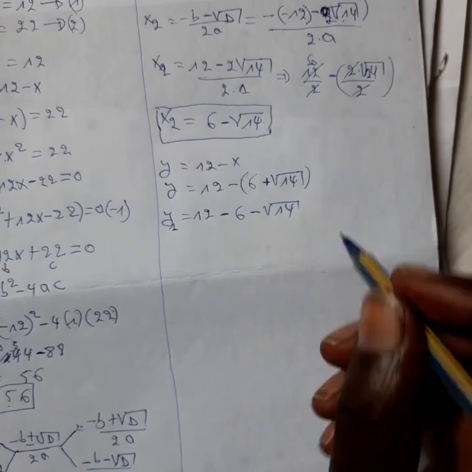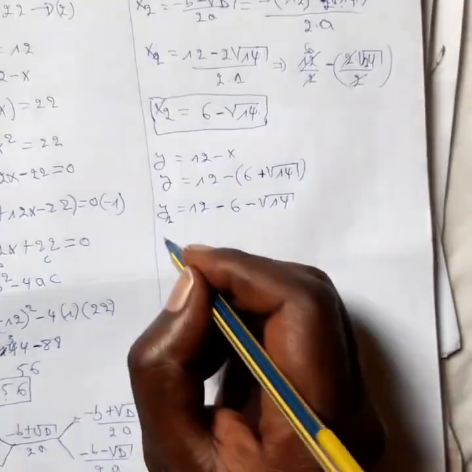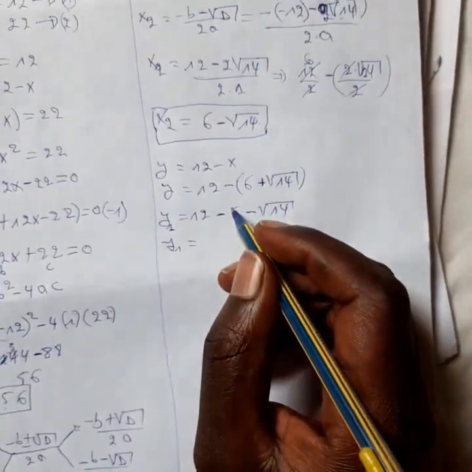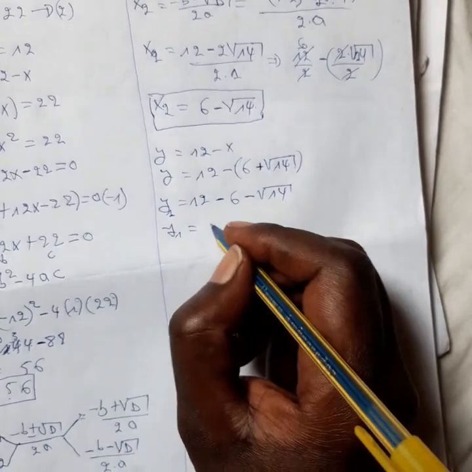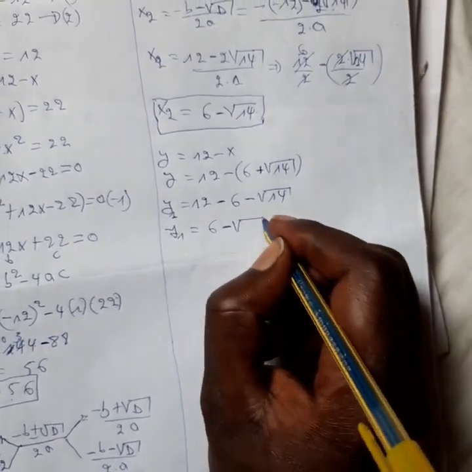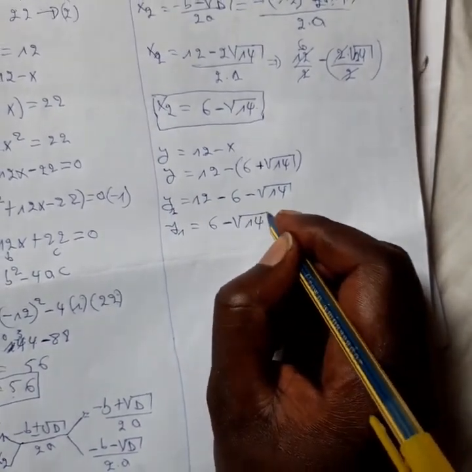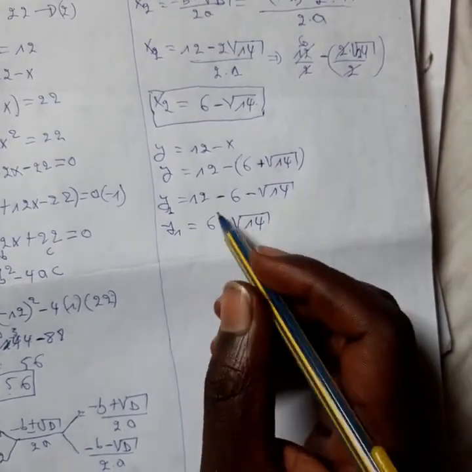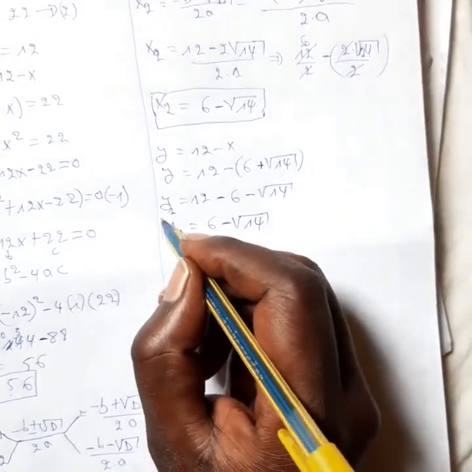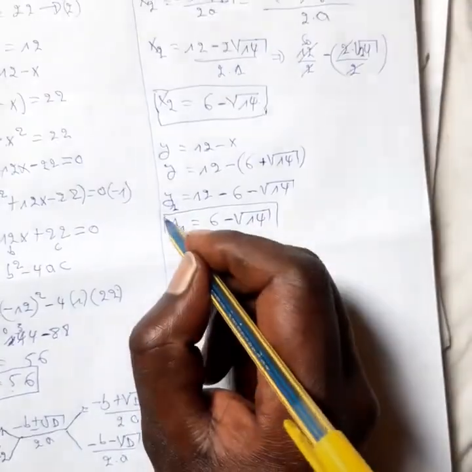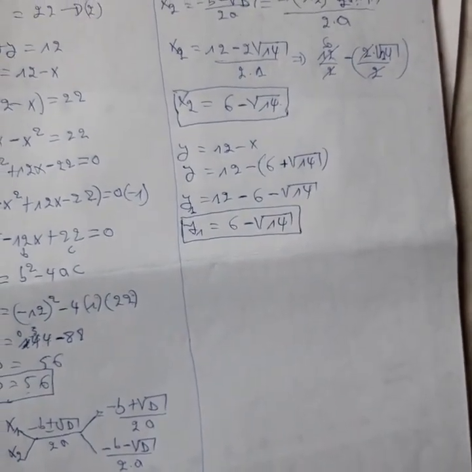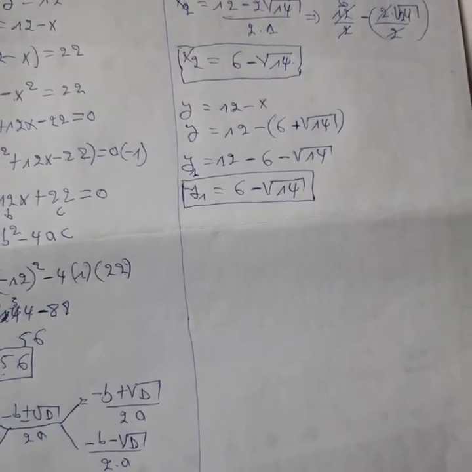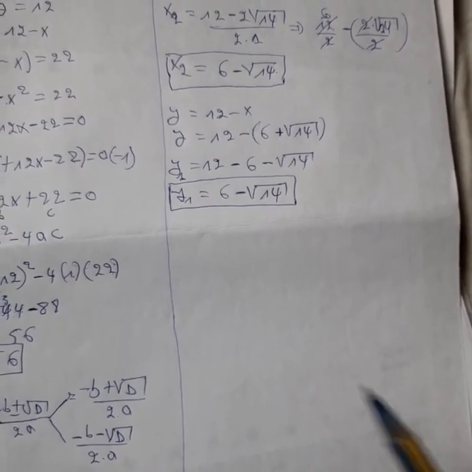Then y1 will be equal to 12 minus 6, it's 6, then plus square root of 14. This is the value of y1.